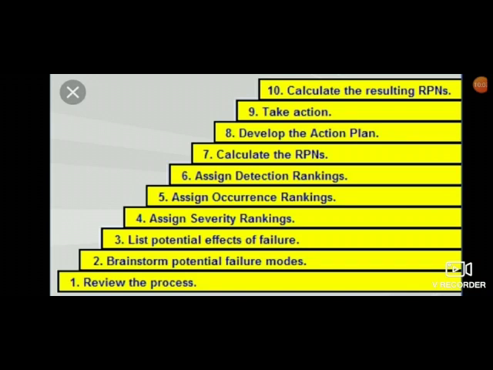Now, the first step: review the process and list the process steps and key process inputs. This can be derived from process maps, cause and effect diagrams, brainstorming sessions, or existing process data.